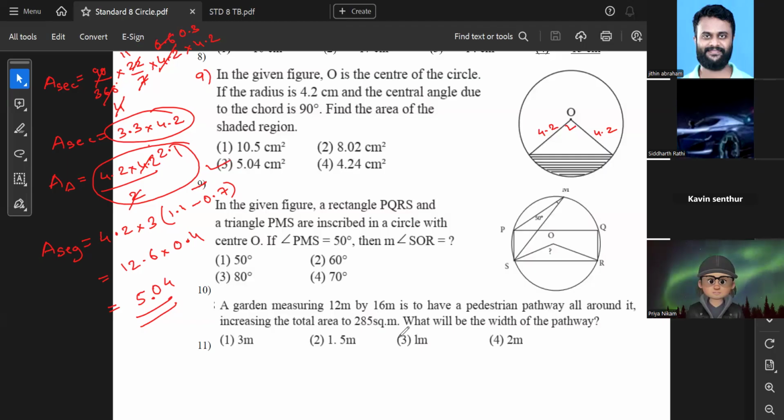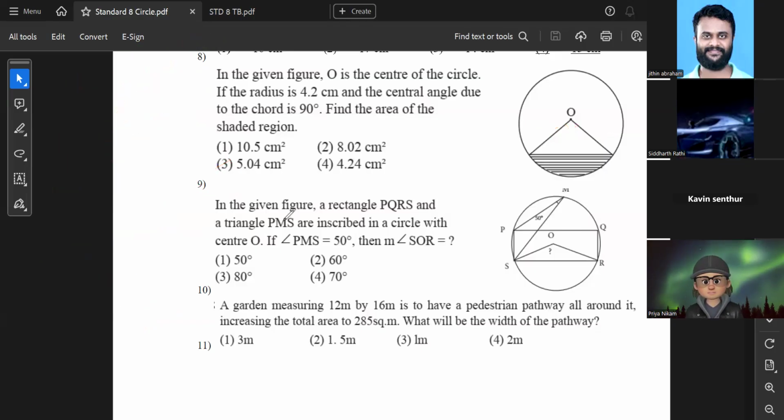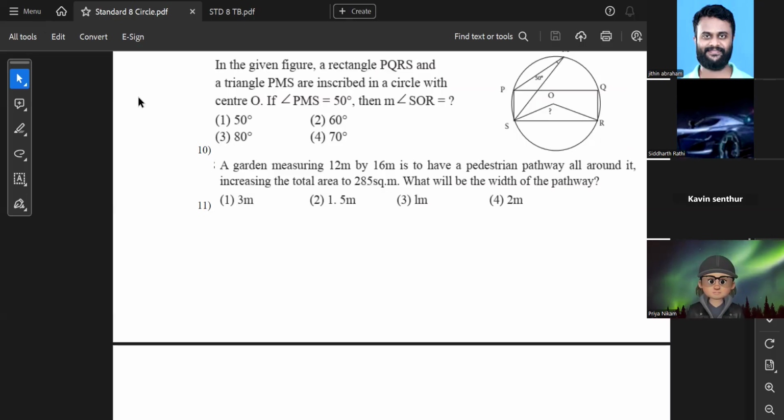Now let's go for the 10th problem. Just a minute. 10th one.